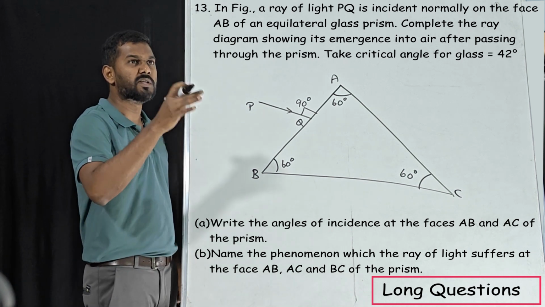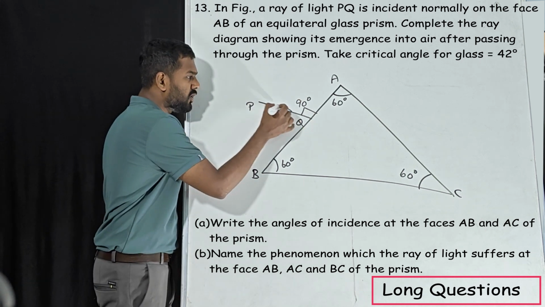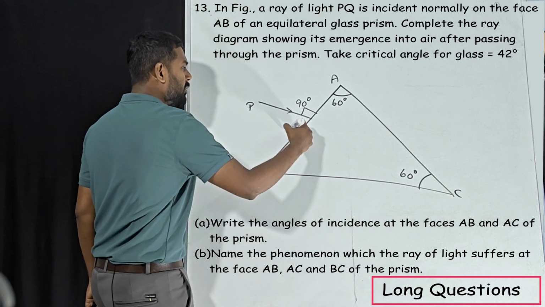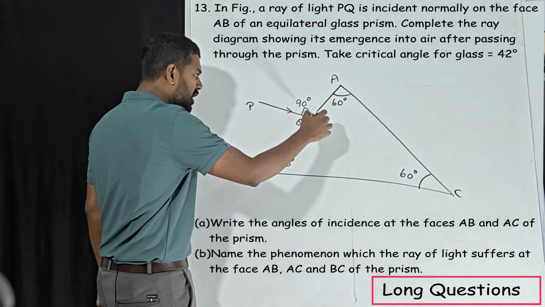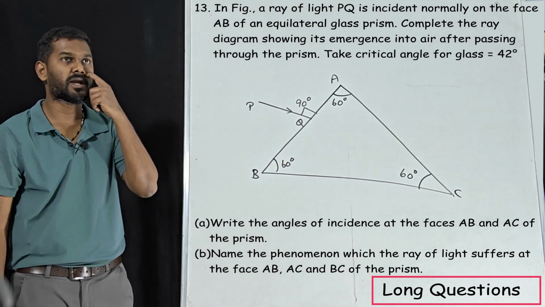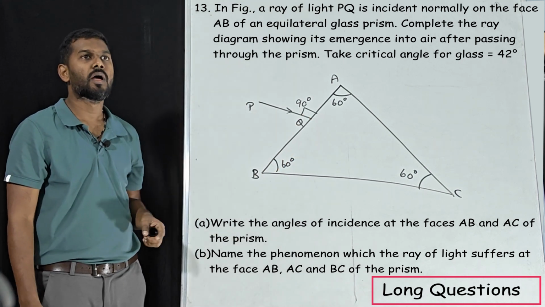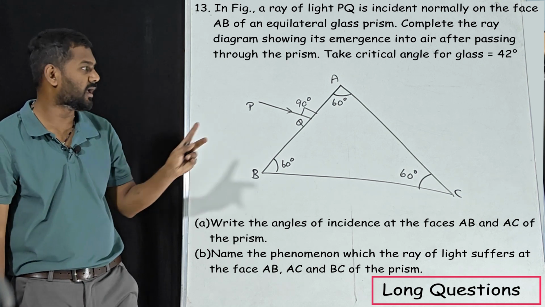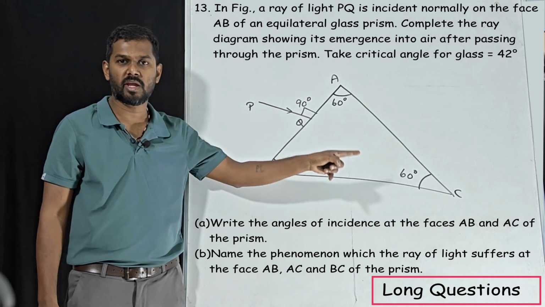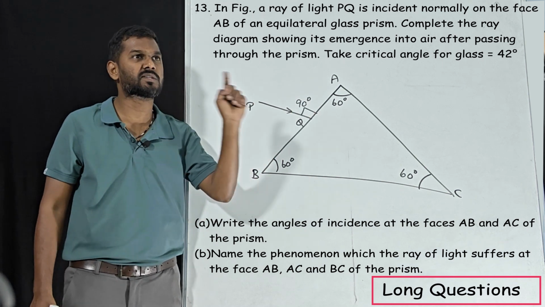PQ is incident normally. Normal means on the normal line. So if you keep a protractor at the center point, you draw a normal. On the normal only, the ray of light is incident on the face AB of an equilateral glass prism. They only give an equilateral prism so that we have to take these angles. Equilateral prism means 60, 60, 60.